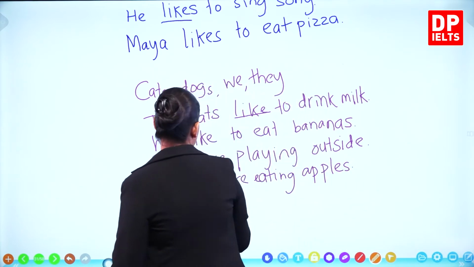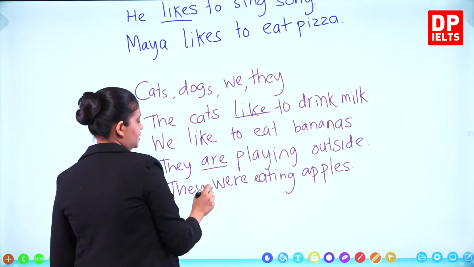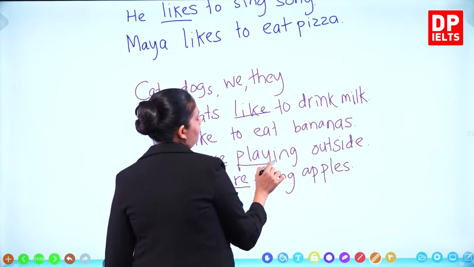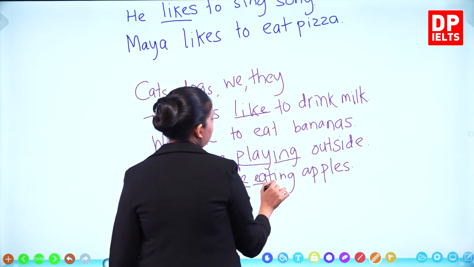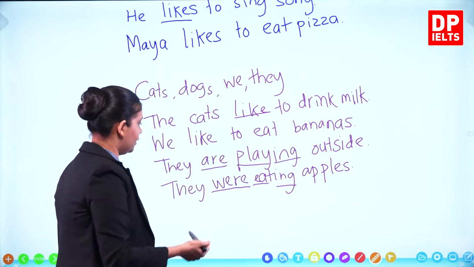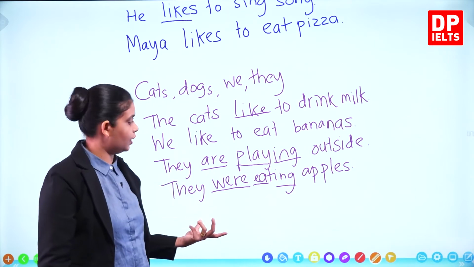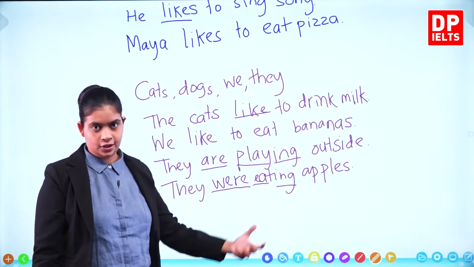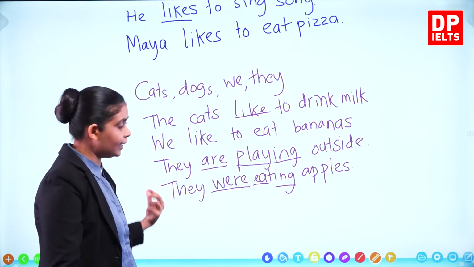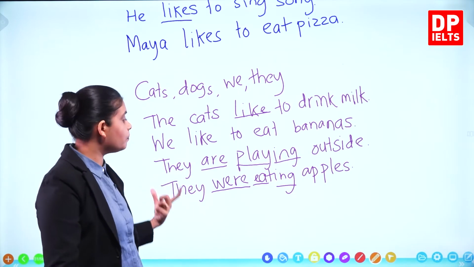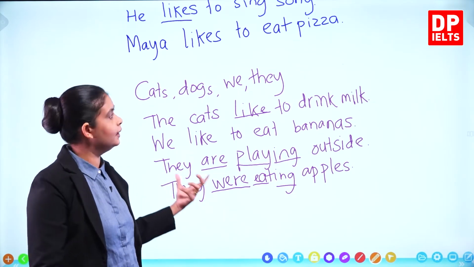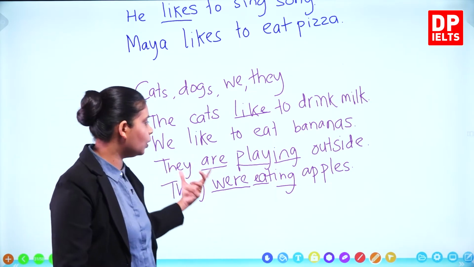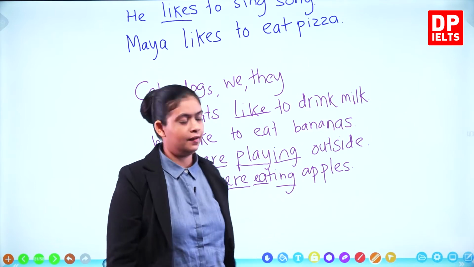So if it is present tense are, if it is past tense were, continuous form play plus ing, eat plus ing. Plural නම් they use කරන්න පුළුවන් අපිට. Are present continuous නම් are plus the verb plus ing. They are playing outside. නැත්නම් අපිට use කරන්න පුළුවන් past continuous form එක. නැත්නම් අපි කියනවා past progressive form එක. They were eating apples. Right?